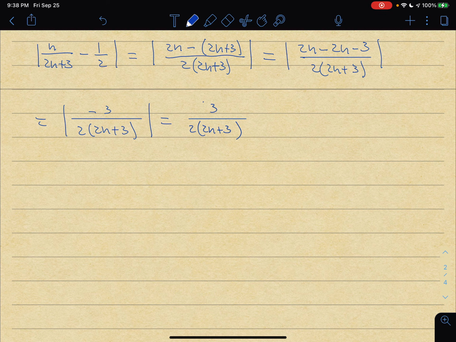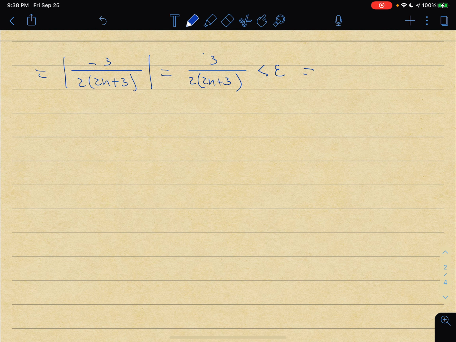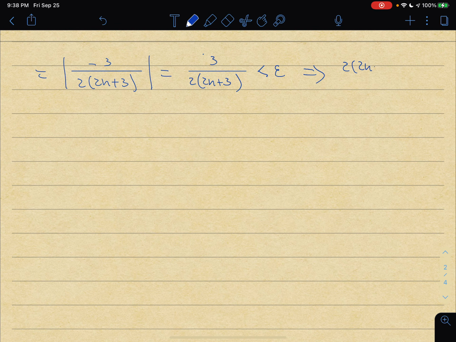And so what I want is for this to be less than epsilon, and so now I can try to solve this inequality for n. First of all, I can invert this inequality to get 2 times (2n plus 3) divided by 3 is bigger than 1 over epsilon. And now solve for n.